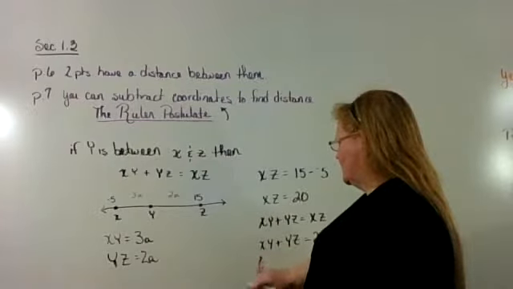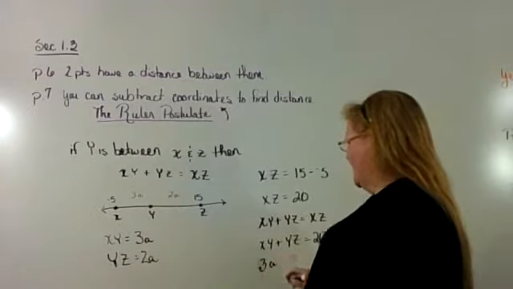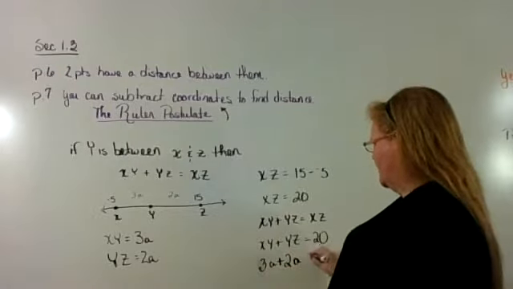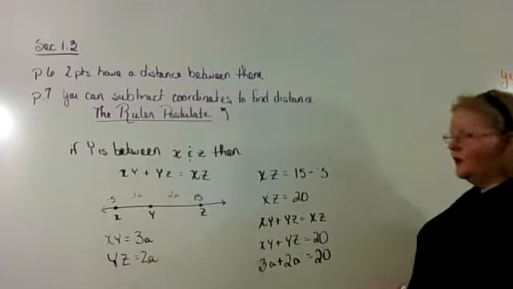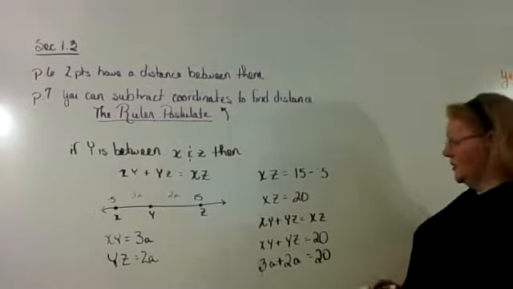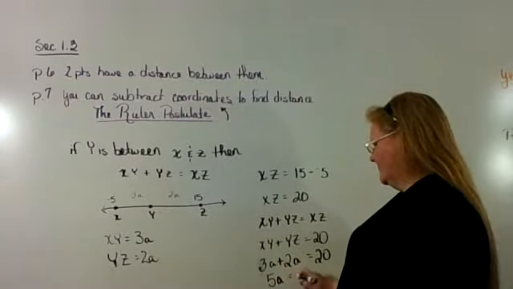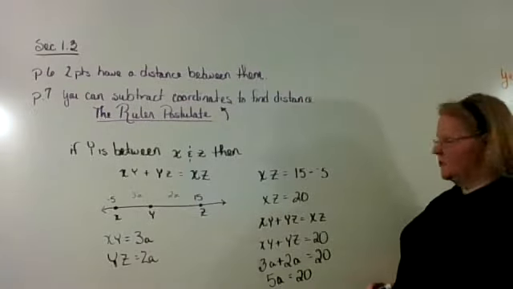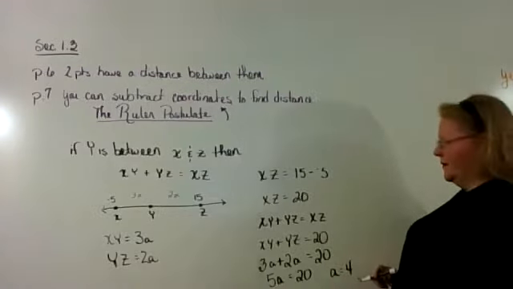Oh, that is not a 3, darn. And we know that yz is 2a. So 3a plus 2a has to equal 20. 3a plus 2a is really 5a. Which means a must be 4.